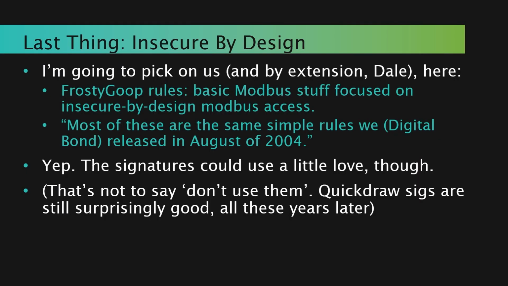But those Quick Draw signatures pretty much only detect bad stuff if it's coming from not an engineering workstation or not an HMI, is how the rules are set up initially. The Frosty Goop malware, at least allegedly, went through an engineering workstation. So the Quick Draw signature wouldn't actually fire in that case, because the EWS is basically compromised and it's sending the malicious commands.